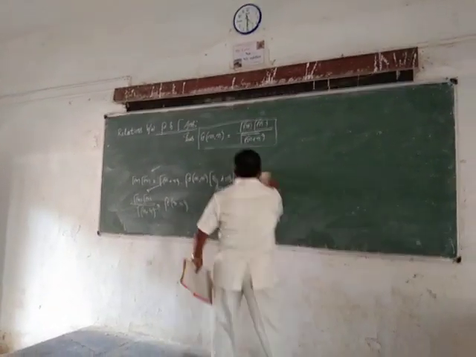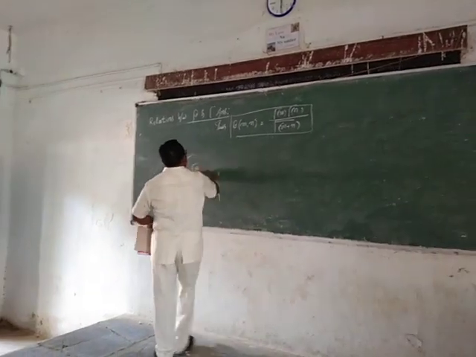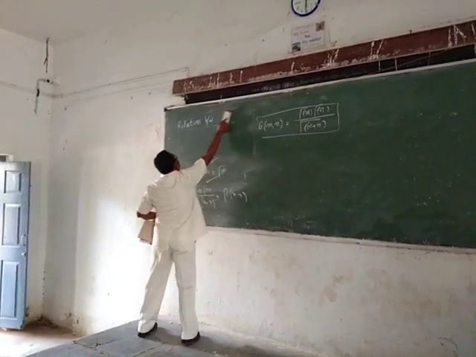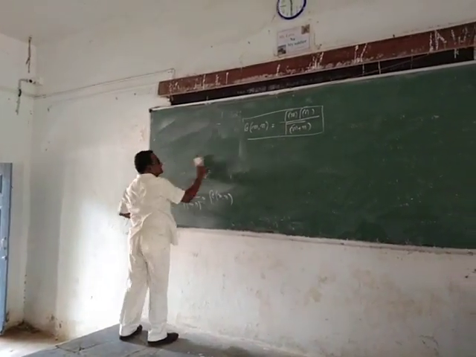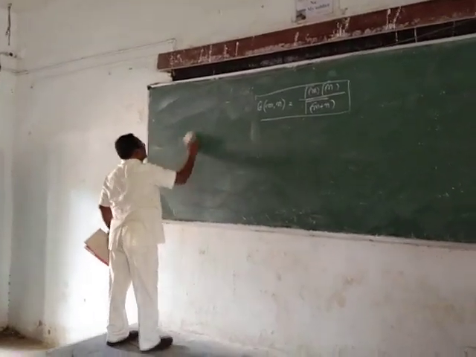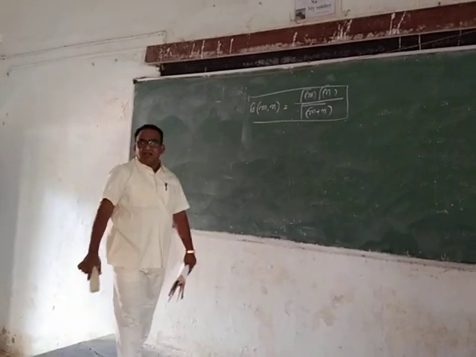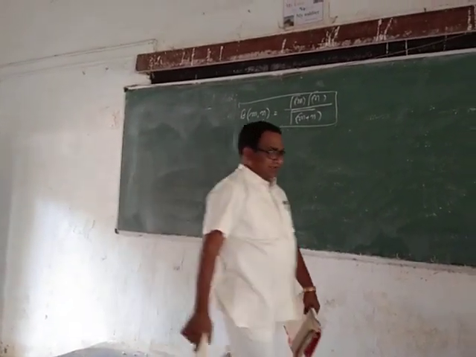As I said, the left-hand side is a beta function and the right-hand side is a gamma function.